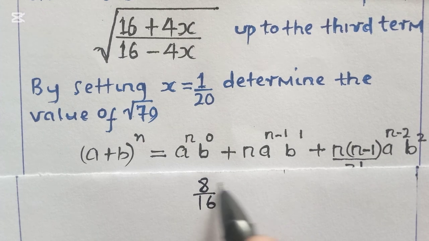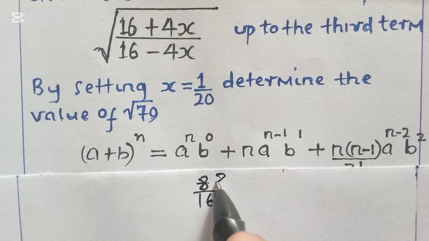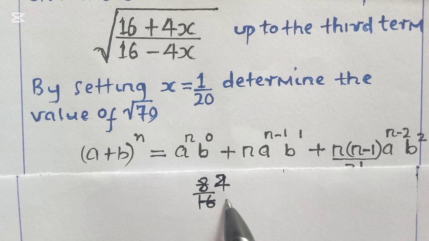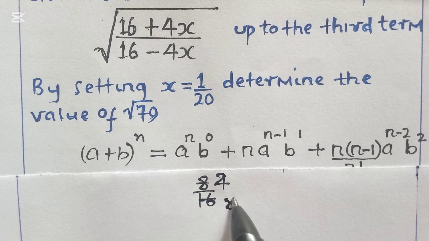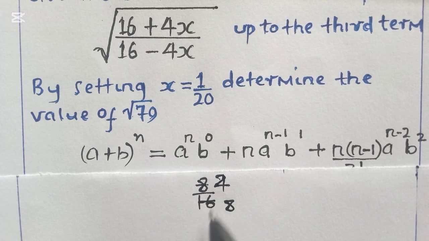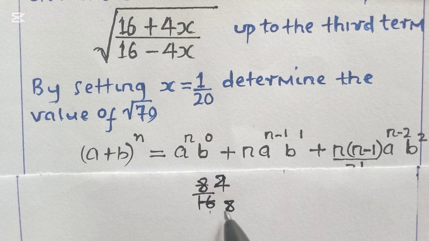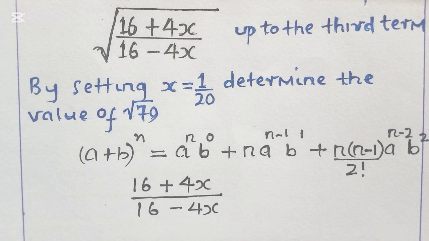I can divide this by 2, then I get 4, and I divide this by 2, I get 8. As long as we are doing it both sides, it is okay, and we are not changing anything.